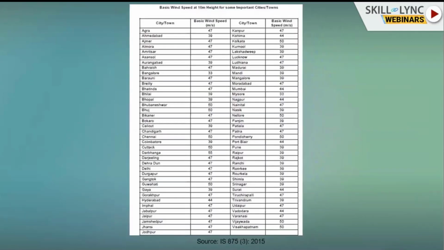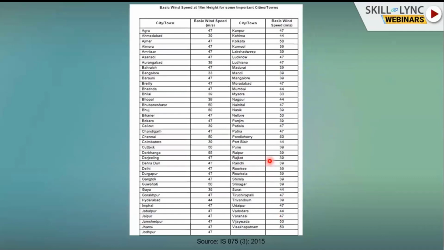This is also summarized in a table in the code. As you can see, this was averaged at 10-meter height at different cities. So if you don't find your city, you can look for the city closest to the one you are designing for and use that wind speed.